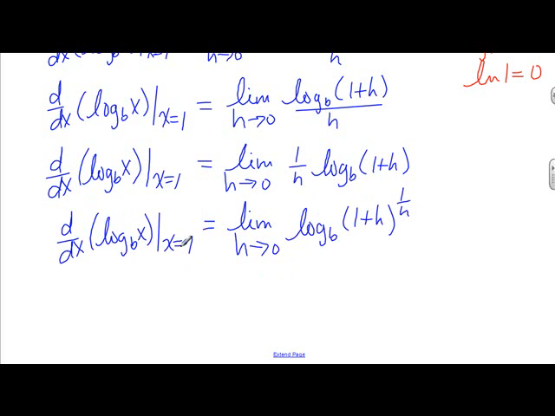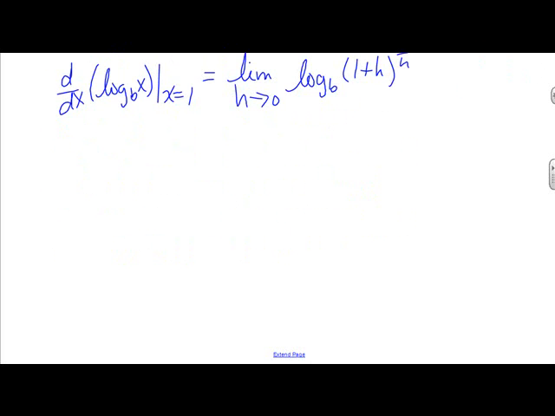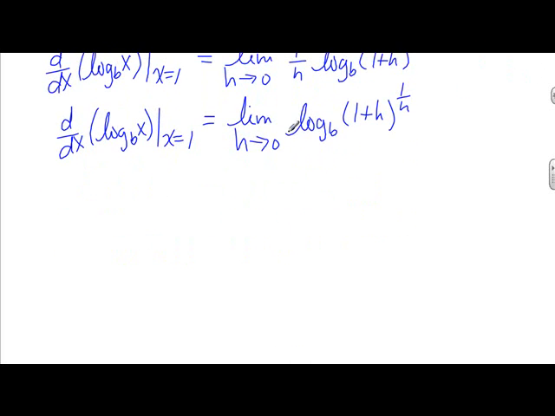Now I'm going to interchange the limit and the logarithm. Back in section 4.7 was the first time we did that, and that is okay as long as you've got continuous functions, and we do.